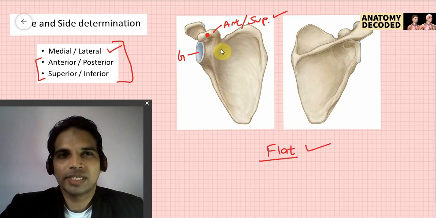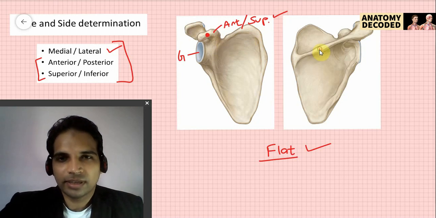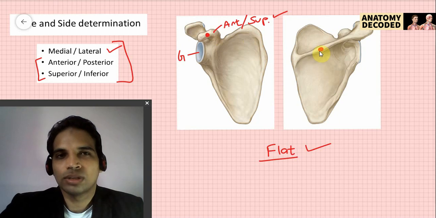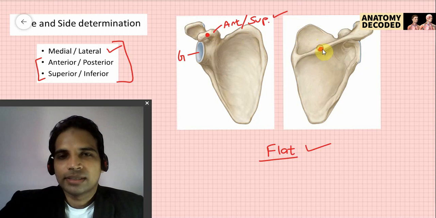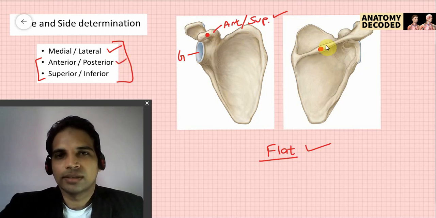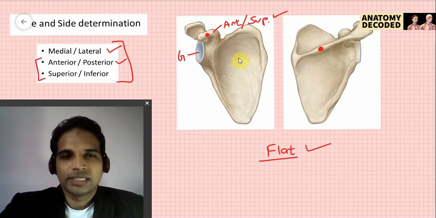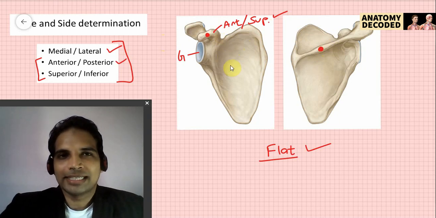For anterior posterior, we can also say one more point. This is the spine of the scapula, which is on the posterior aspect. Spine of the scapula is always on the posterior aspect. So that's how this is the scapula of the right side.